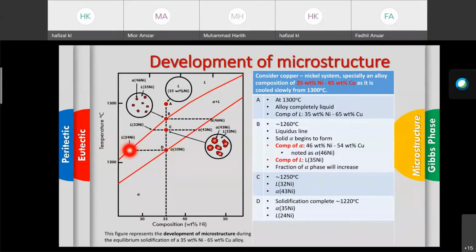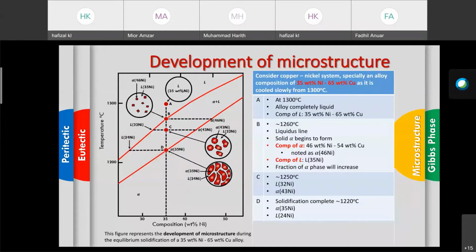So along the way at D, we can see there is complete solidification. At this point there is a borderline, and we can write it down something like this. For the complete solidification, maybe the lowest area here.